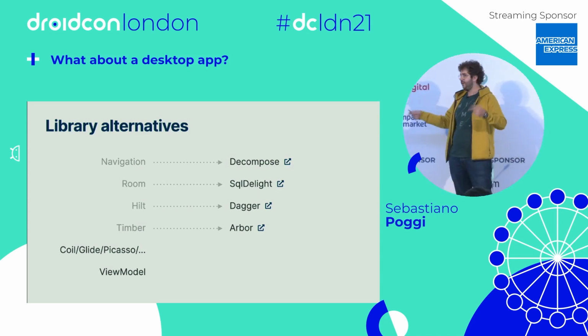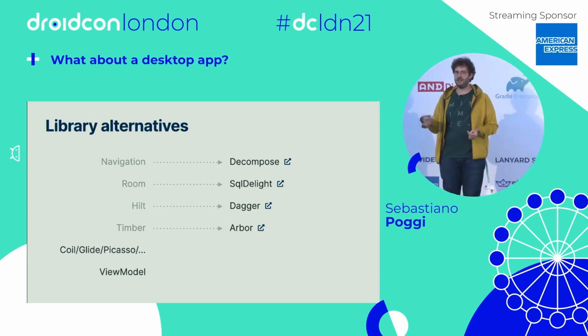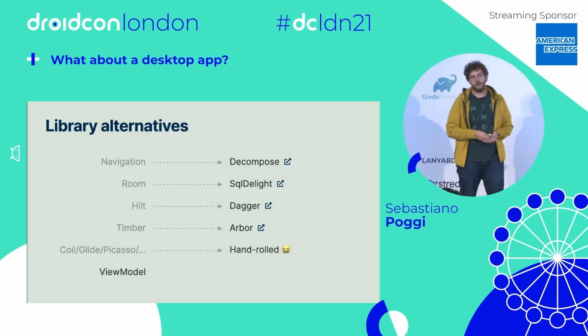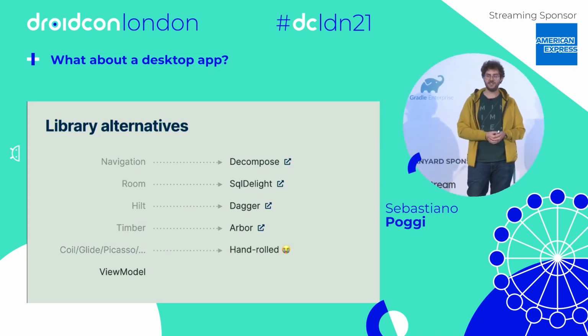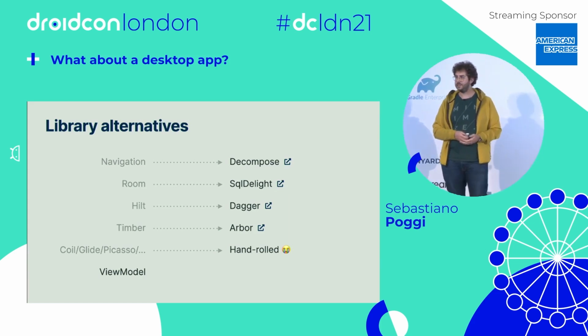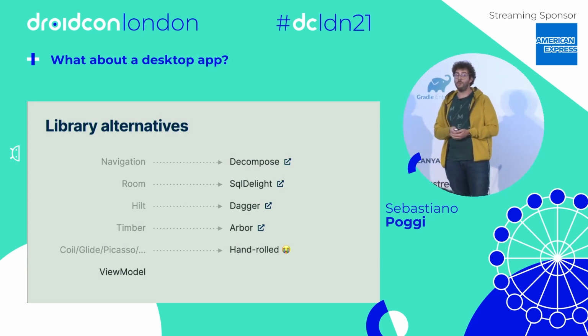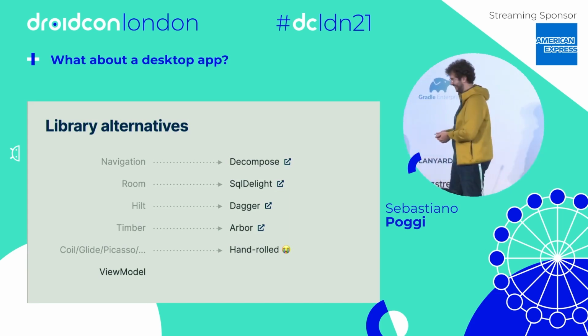Again, you kind of see the trend here where you can use the same thing across all the supported platforms, which is nice. And the bad news is there is currently no image loading library that works on Compose for Desktop. Maybe someone here will write it. I hope so, because I don't have time.